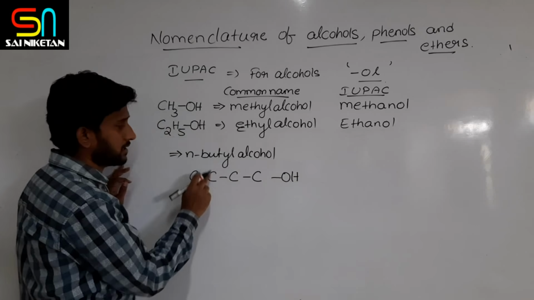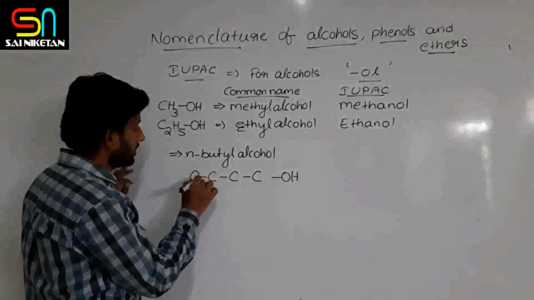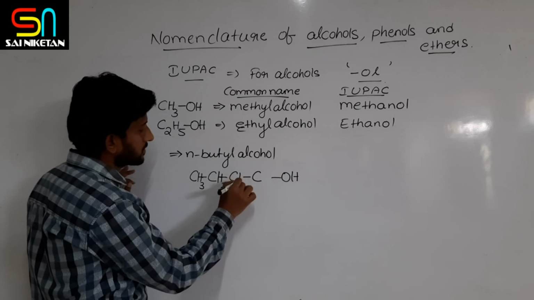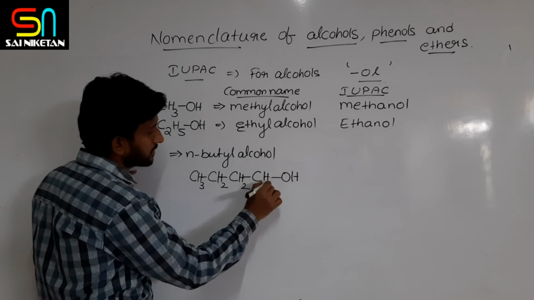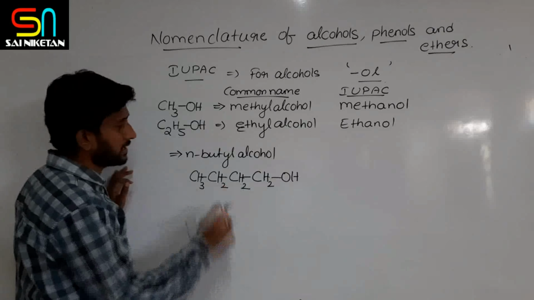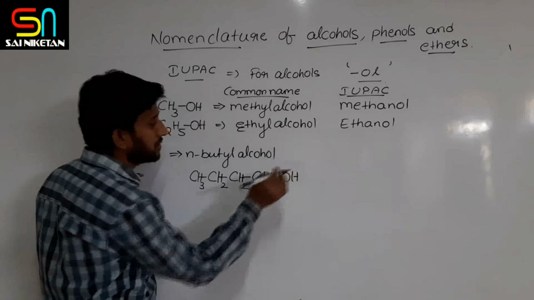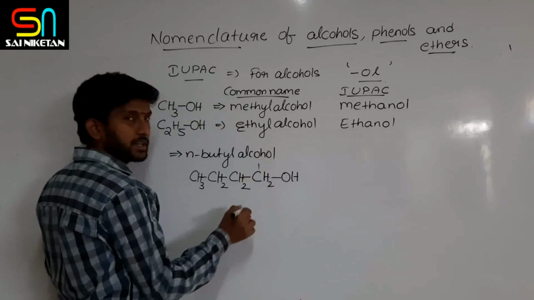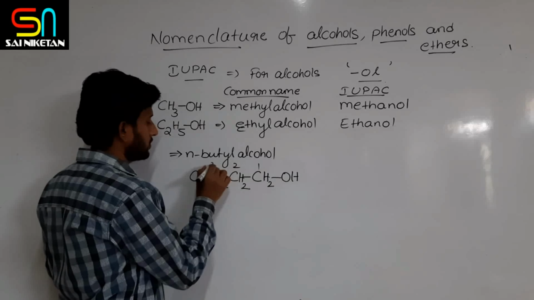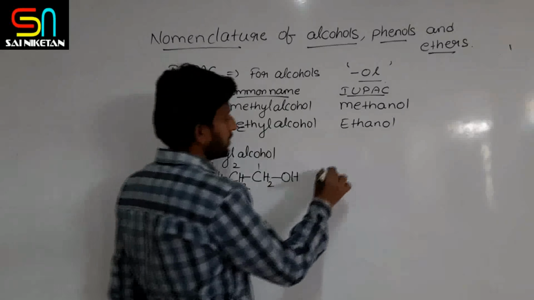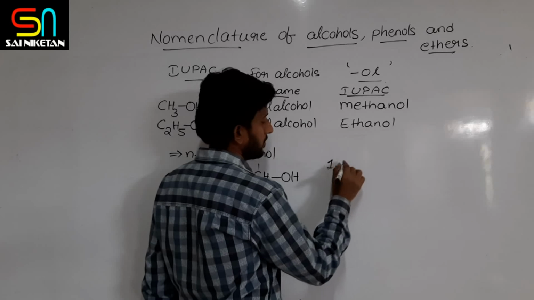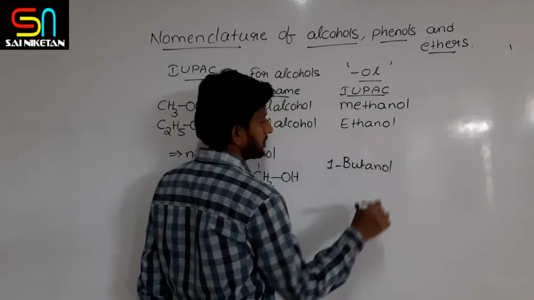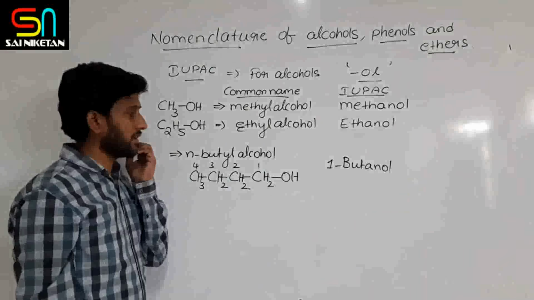This is the structure of N-butyl alcohol. Remaining all others are hydrogens, CH2OH. What is IUPAC name of N-butyl alcohol? Numbering must be from this side, right? Because functional group is alcohol, 2, 3 and 4. So it is 1-butanol, right?